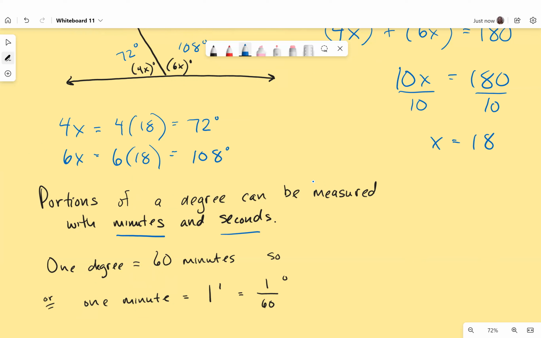So we could write this as 60, and we mark minutes with one single tick mark right there. So 60 minutes equals 1 degree. We could write it like that.